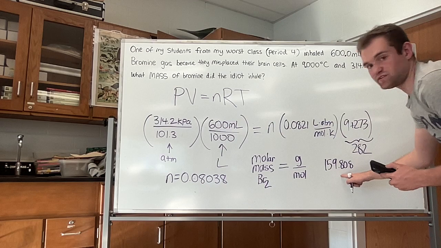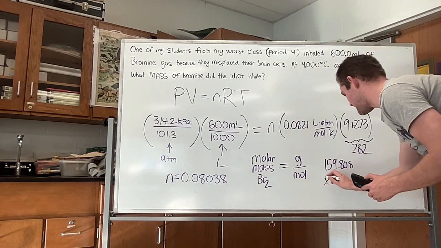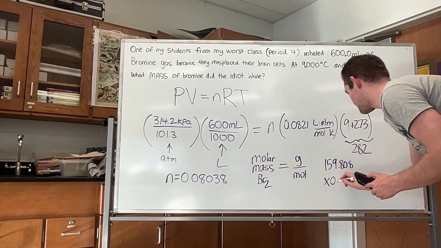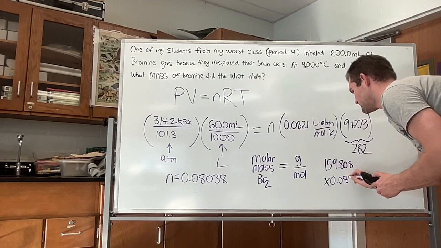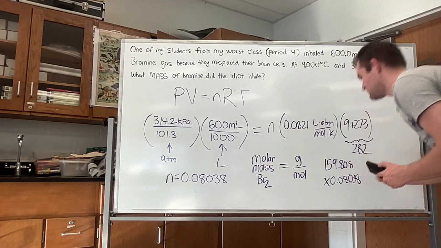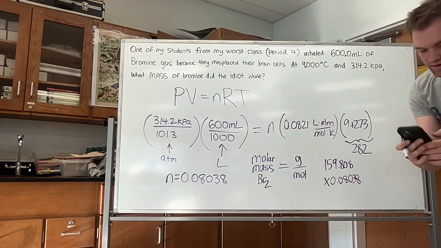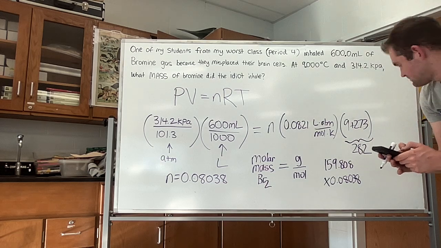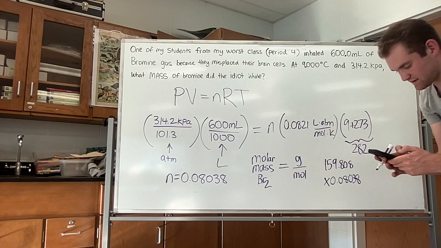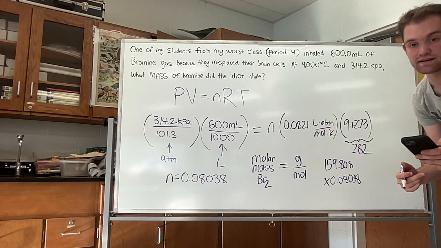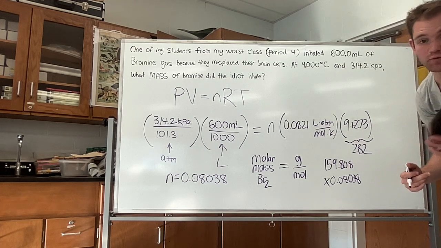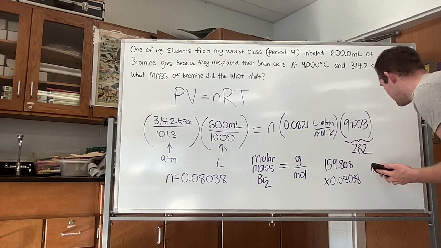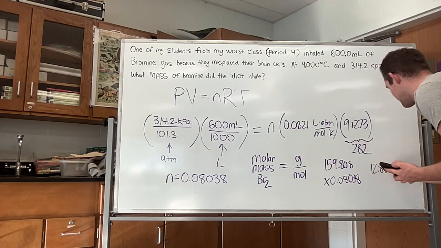So 159.808 multiplied by 0.08038. And here we go. Enter. 12.84 grams, 12.85 grams. That is a lot of grams of bromine.